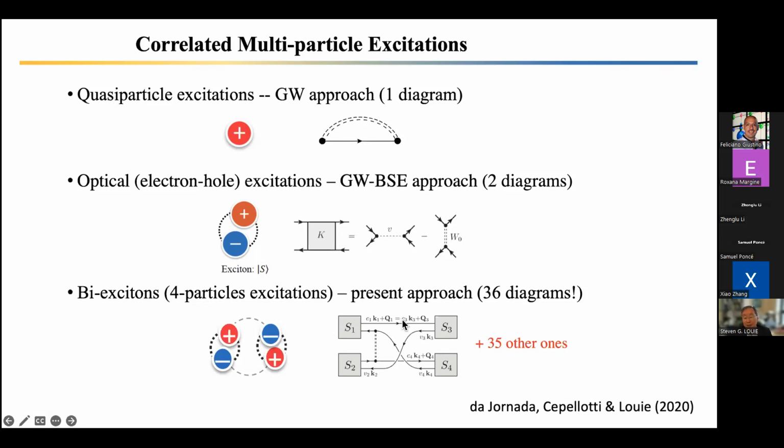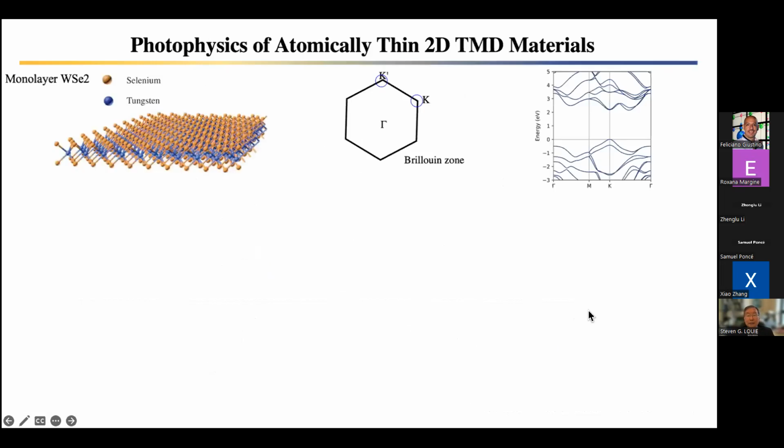We have developed the formalism and the computer codes for such calculations recently. So let me give you the example of the case of monolayer tungsten diselenide and look at how the bi-excitons behave in such a system.